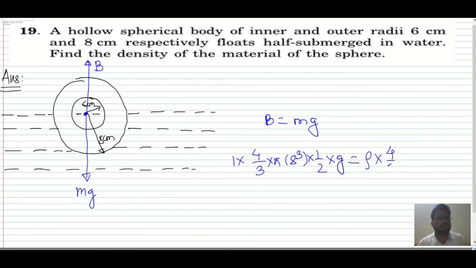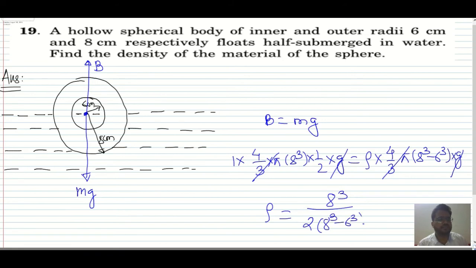Volume we can write as 4 by 3 pi into (r2 cube minus r1 cube), that is outer minus inner. So it is 8 cube minus 6 cube into g. The 4 by 3 pi and g cancel, and we have rho as 8 cube divided by 2 times (8 cube minus 6 cube).